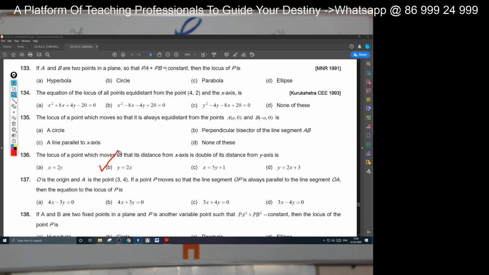So y is equal to 2x is your answer. But you can have a double answer also for this. If it is an advanced level examination, like JEE Advanced, you can have more than one correct answer also. Then in that case, you will have one more answer given as another option, which is 2x is equal to y or 2x plus y is equal to 0. This is also a correct answer.